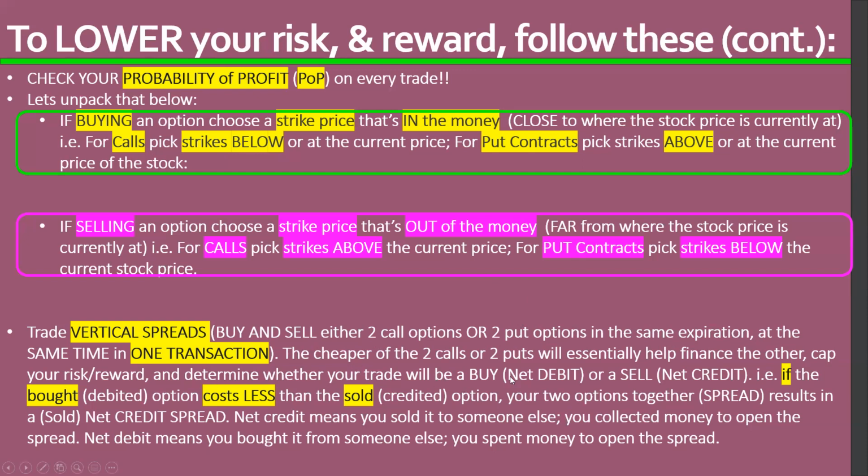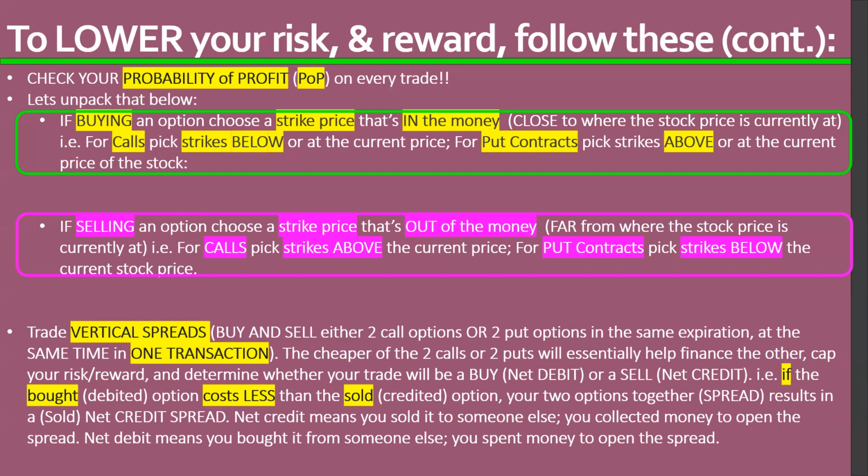But it also helps determine whether your trade will be a buy, which is a net debit, or a sell, which is a net credit. For example, if your bought or debited option costs less than the sold or credited option, those 2 options together, which is a spread, result in a sold or net credit position because the bought one costs less than the sold one.